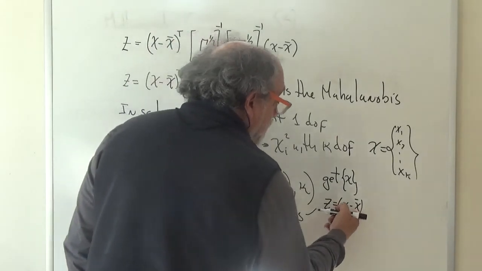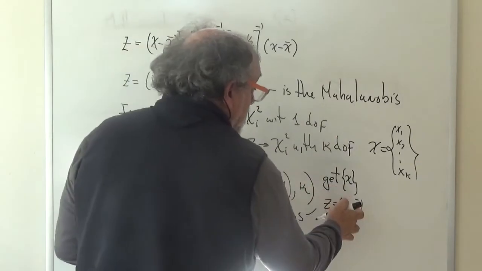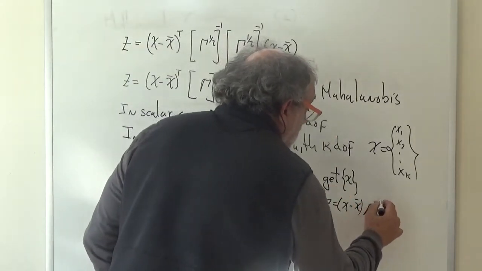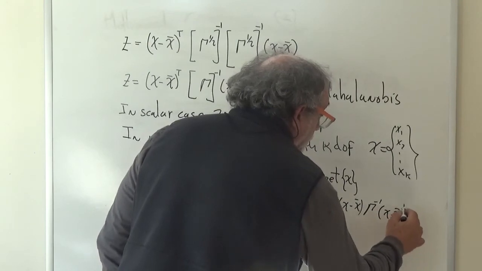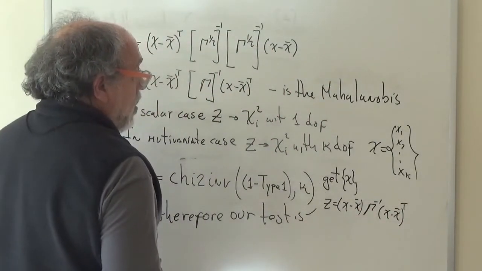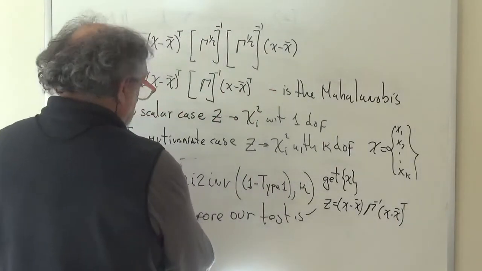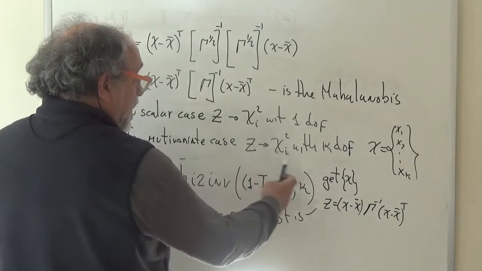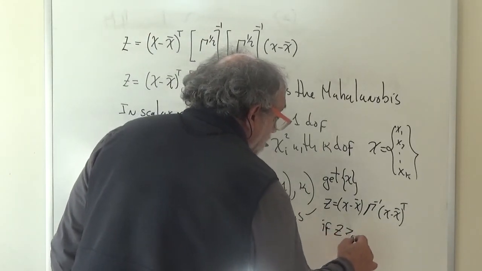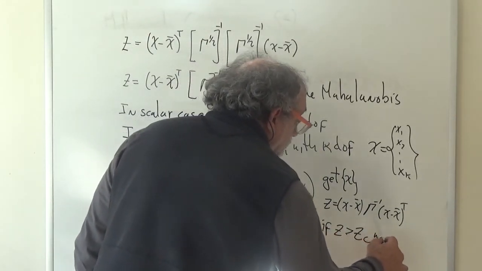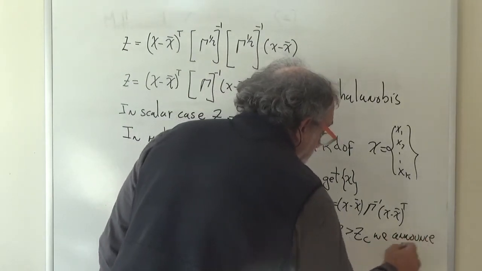This mean, we got it because we've already looked at a bunch of data before, and we know what is the mean, and we know what is the covariance matrix, right? And so we calculate the z, which is the Mahalanobis, and then we have our z critical, it didn't depend on the data, and if z is greater than z critical, we announce damage.